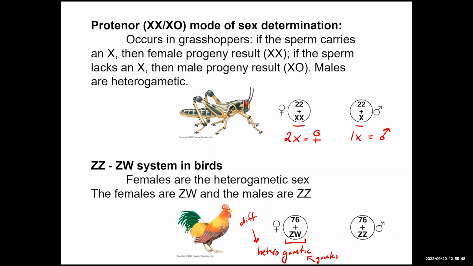So Z and W are different gametes. So this is heterogametic, whereas Z and Z are homogametic, meaning that they're both the same. Birds work exactly the same as you, but the sexes are opposite.